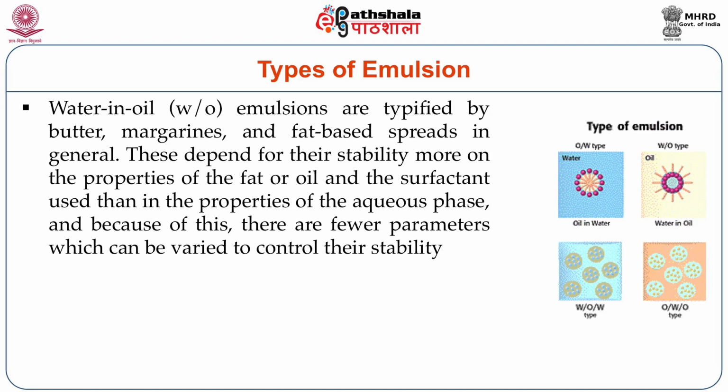These depend for their stability more on the properties of the fat or oil and the surfactant which is used than on the properties of the aqueous phase. Because of this, there are very few parameters which can be varied to control their stability. So as the name indicates, water in oil emulsions are foods like butters, margarines, etc.